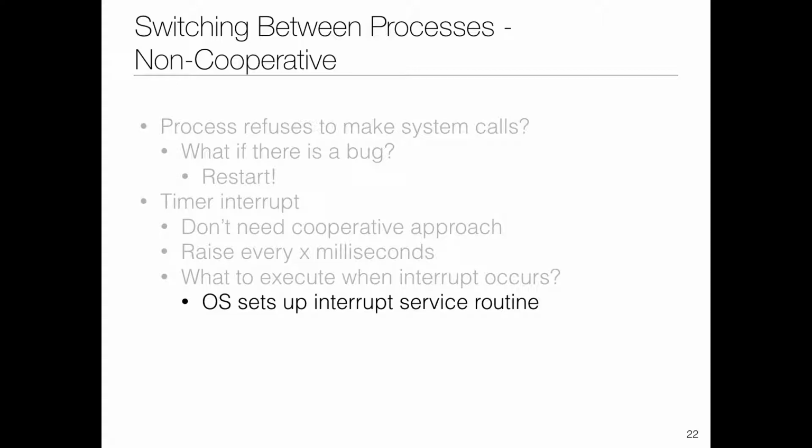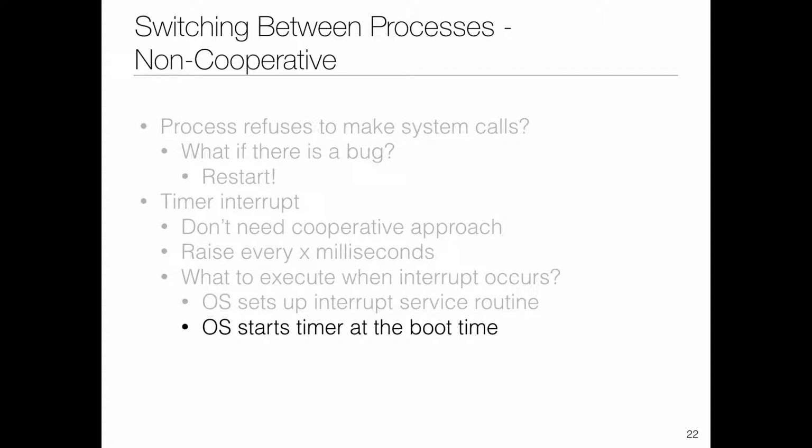The OS correspondingly sets up a routine for each of them. Now at boot time, the OS also has to start the timer. So now do you understand that the OS is actually doing a lot of stuff at boot time? It's initializing the trap tables, it's initializing the timer, and also at runtime, it's doing a lot of things.